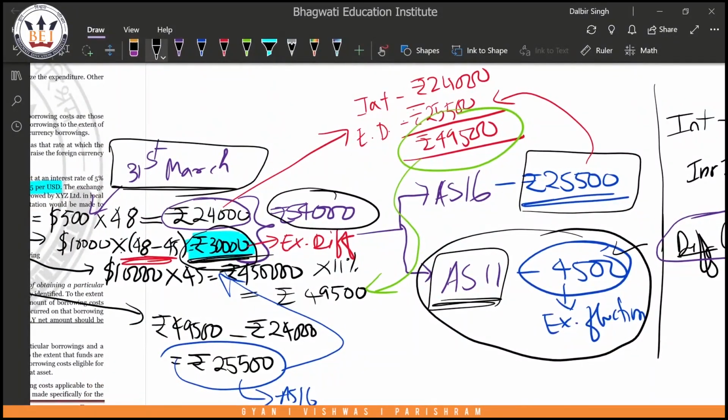The whole amount will be considered borrowing cost in that situation. But if you compare the earlier situation, the difference between the INR and USD is 25,500, which is less than the exchange difference. So we are considering only the difference as borrowing cost. The remaining is exchange fluctuation.